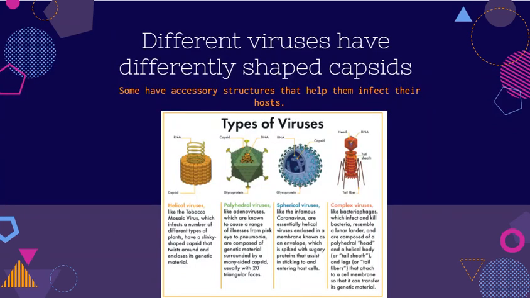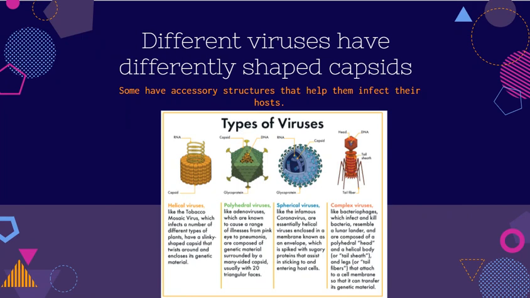Now, viruses come in a variety of different shapes, okay? Here are some of the names for kind of the common shapes. A helical virus kind of looks like a long cylinder, okay? And has the nucleic acid in like a coil inside of it. This one's polyhedral, where you kind of have this weird triangular pyramidish shape on the outside.